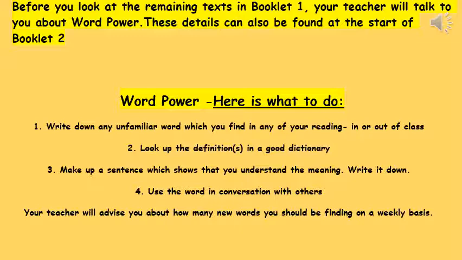Thirdly, make up a sentence and write it down. It has to be one that shows that you understand the meaning of the word. Also, don't forget to try and use the word in conversation with others, and that will help to establish the word in your own mind.